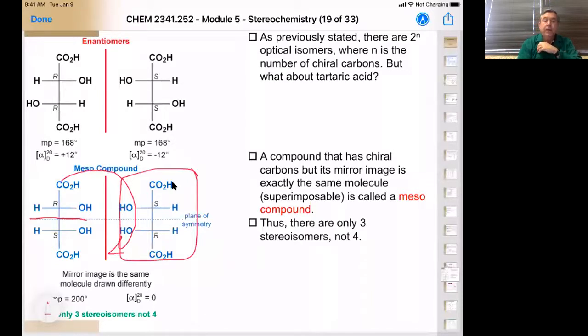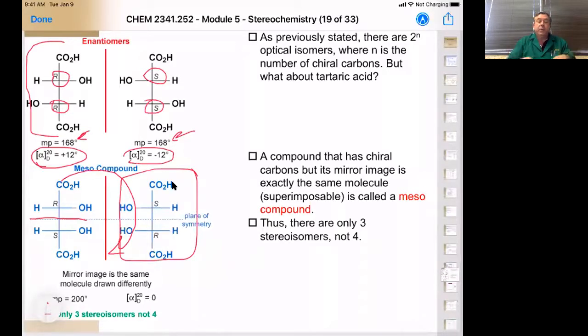Okay, so notice the pair of enantiomers up here, though. We have an R and an R and an S and an S, and we do not have that mirror plane. So they are mirror images of each other and non-superimposable, and they are true enantiomers. And they have optical activity and exactly the same melting point.